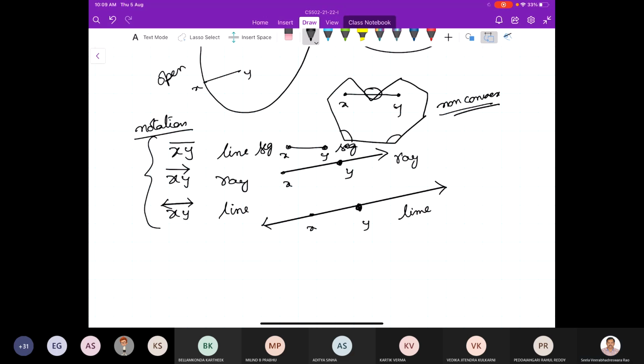If the internal angle is less than 180 degrees, less than pi, then we call it a convex vertex. If it is greater than 180 degrees, then we call it a reflex vertex.